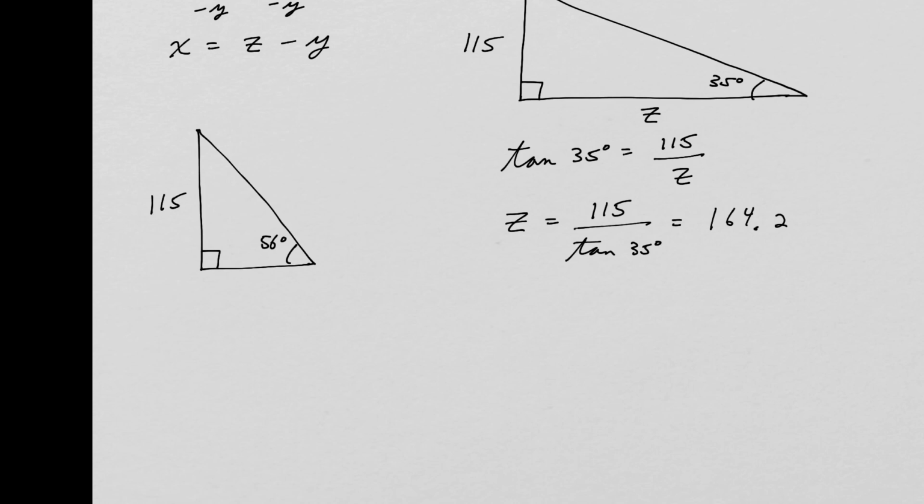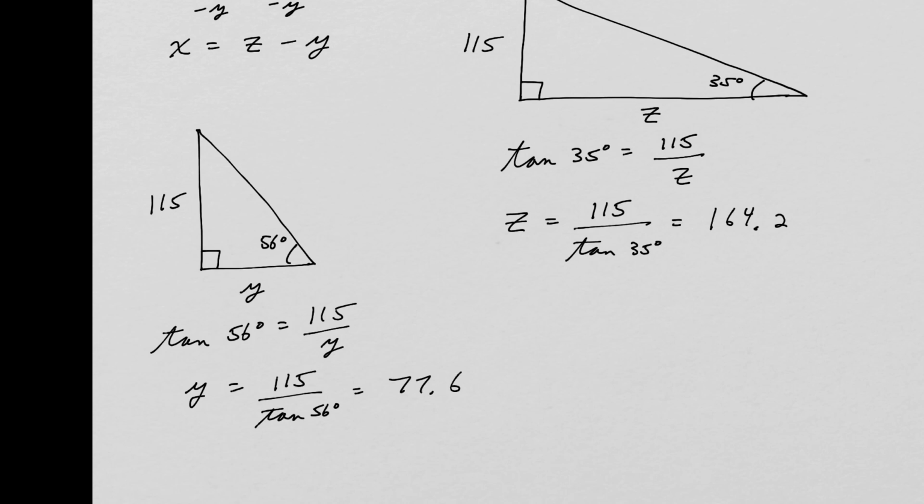And I'm trying to find this length, y. So again, I know the opposite, and I'm looking for adjacent, so I have to use tangent again. So tangent of 56 degrees is going to be 115 over y. So therefore, y is going to be 115 divided by tangent of 56 degrees. And if we work that out, this turns out to be 77.6.